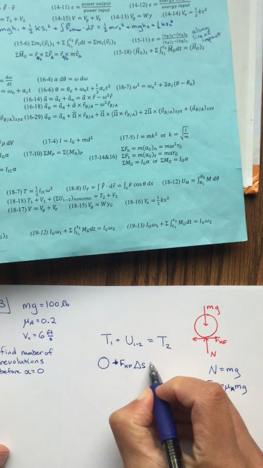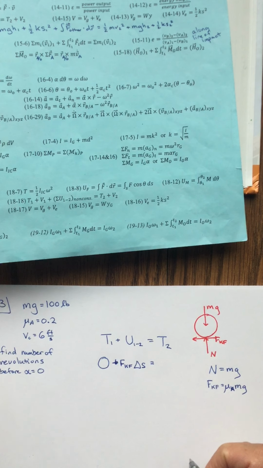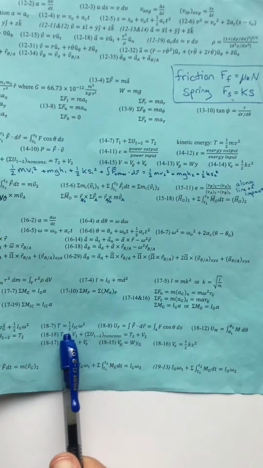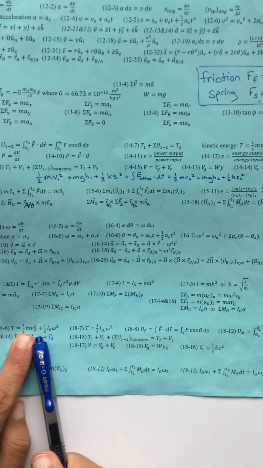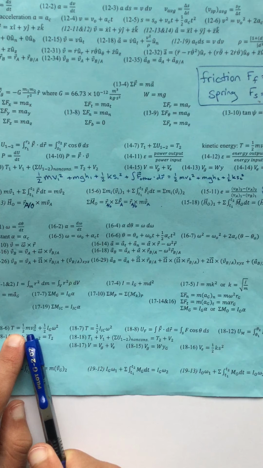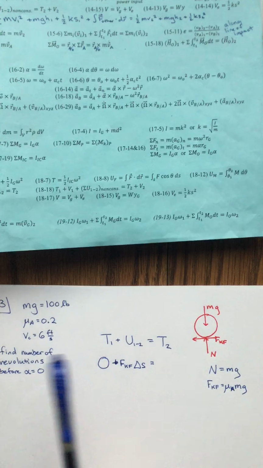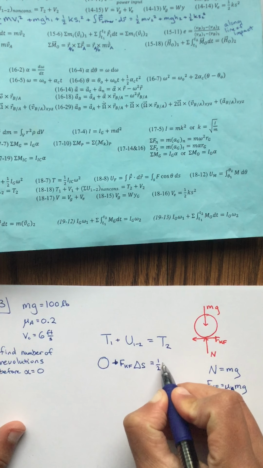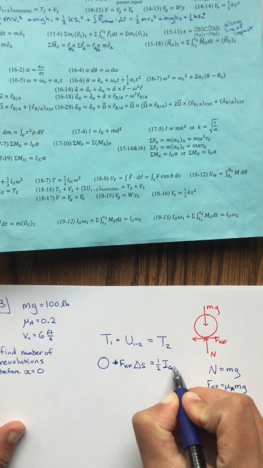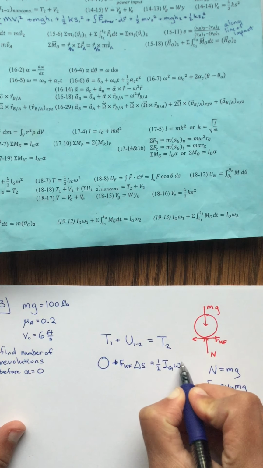Okay, and then this is equal to the final kinetic energy, which is, the mass center of the disc is not moving, so it's just 1/2 times the moment of inertia times omega squared.